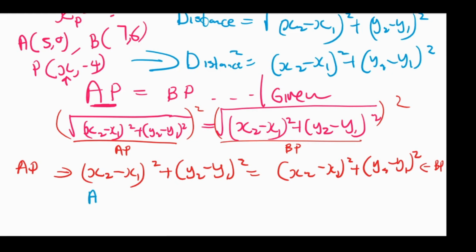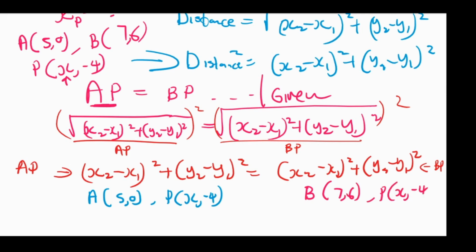Let's substitute the value of AP. We know A is given as 5 and 0, and P is given as x and minus 4, right? And for BP, we know B is equal to 7 and 6, and P is x and minus 4. So we're going to substitute these values in these distance equations.